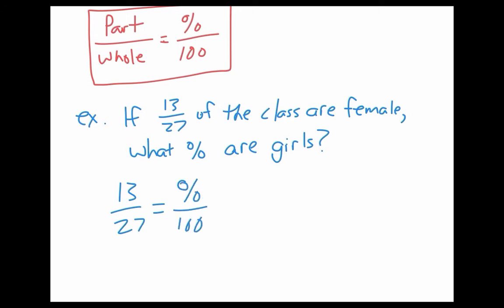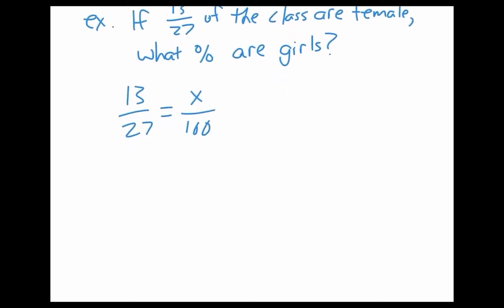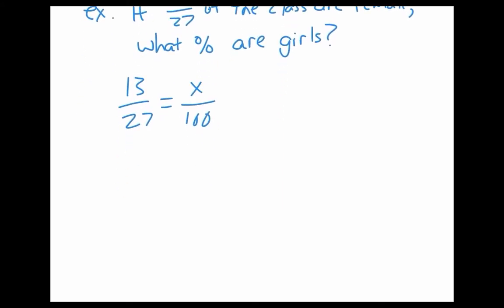You could either leave that as a percent, or I personally like making that into a variable. I like seeing an x in there, but you could do it either way. Now you could say, well, 27 times what gives you 100? That doesn't work out nicely. So in my mind, the easiest way is to cross multiply and divide.